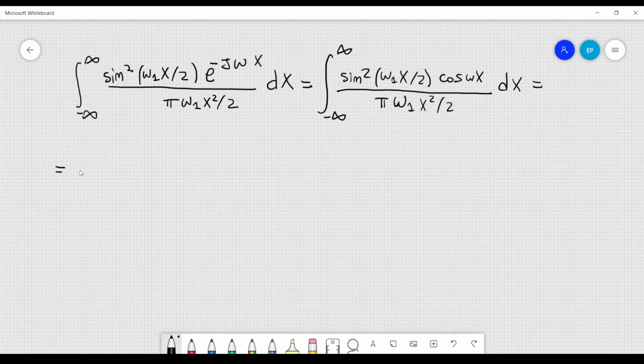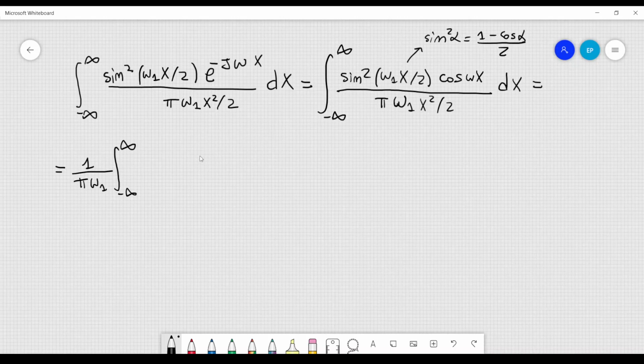This can be written as 1 over pi omega 1, and then I have the integral from minus infinity to plus infinity. Then sine squared can be written like this. In general, I can use the formula sine squared alpha equals (1 minus cosine alpha) divided by 2.